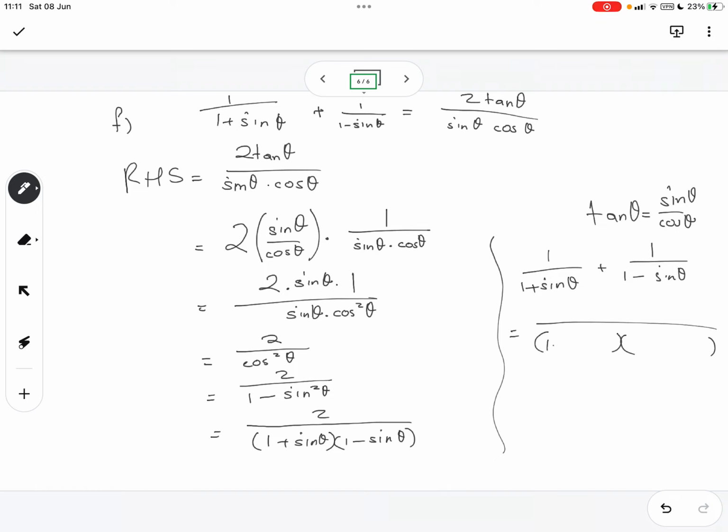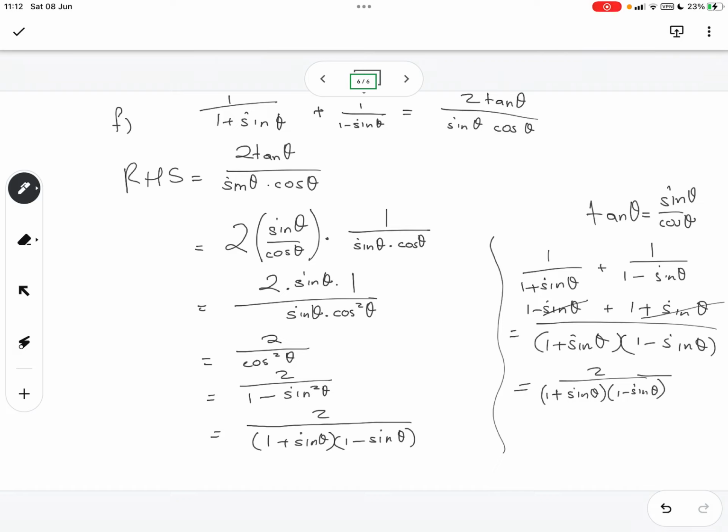If we have 1 over 1 plus sine theta plus 1 over 1 minus sine theta, that can be, oh, we can do this, yeah, I guess, 1 plus sine theta, 1 minus sine theta as the denominator. Then 1 minus sine theta plus 1 plus sine theta.